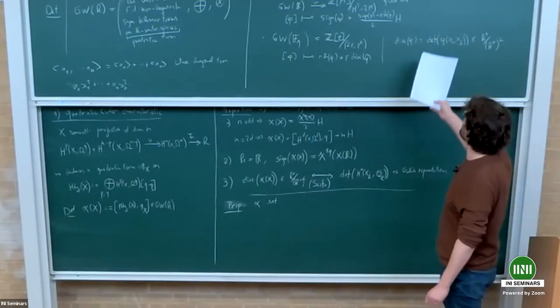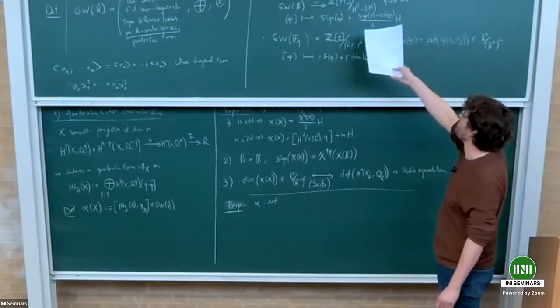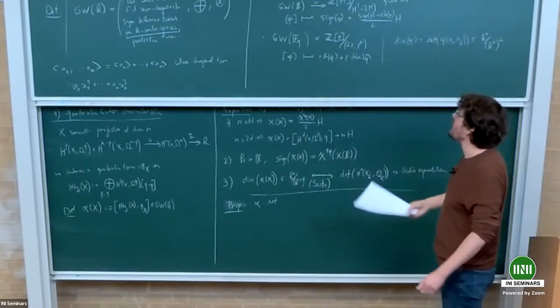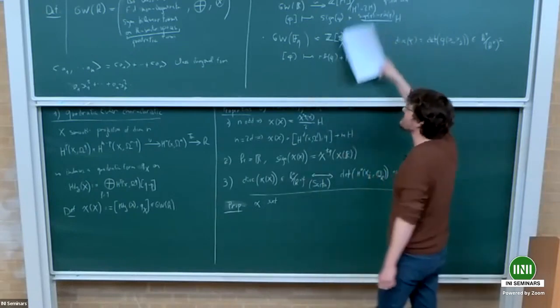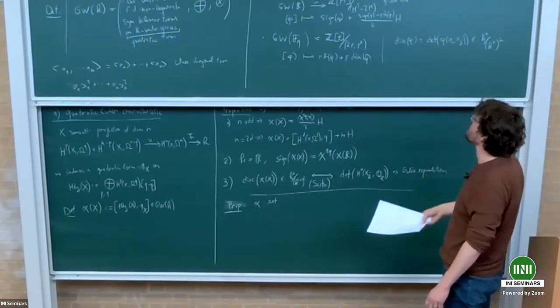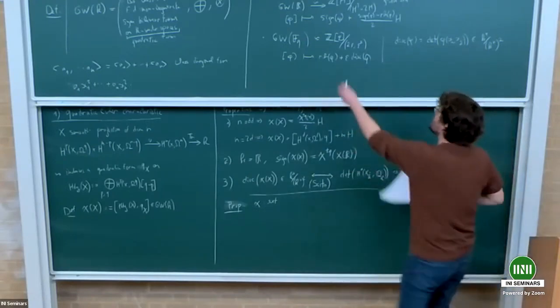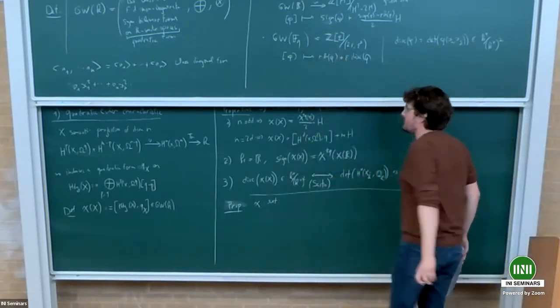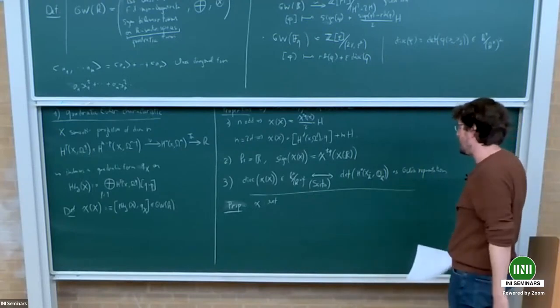H is this hyperbolic form, which is rank 2. It's defined always. I mean, I sort of use this to introduce various concepts which make sense always. The only thing that doesn't make sense in general is the signature, which requires a real embedding.